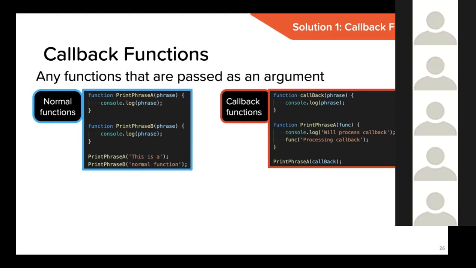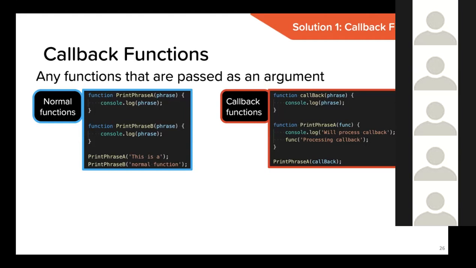So again, when print phrase A executes, in that last line on that red square, it will pass in as a parameter the function called callback, which we've defined in the first 3 lines.